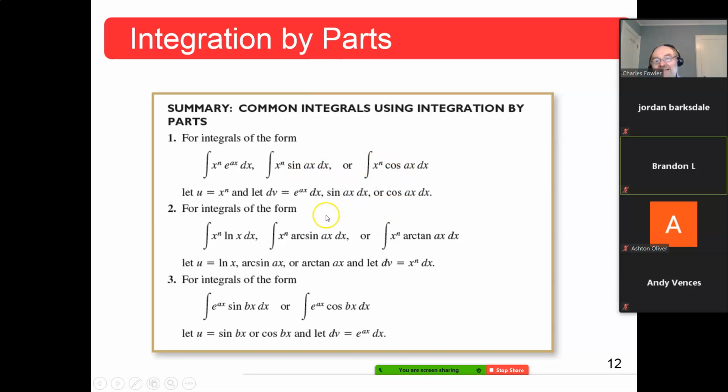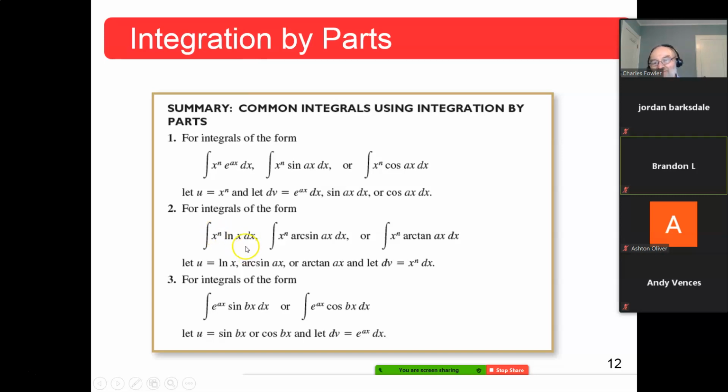Now, that works well when you have that. But you can't always say the power function is going to be your u. Because if you have a log function here, you can't make that your dv because that's not going to work well. You can't integrate a log x.